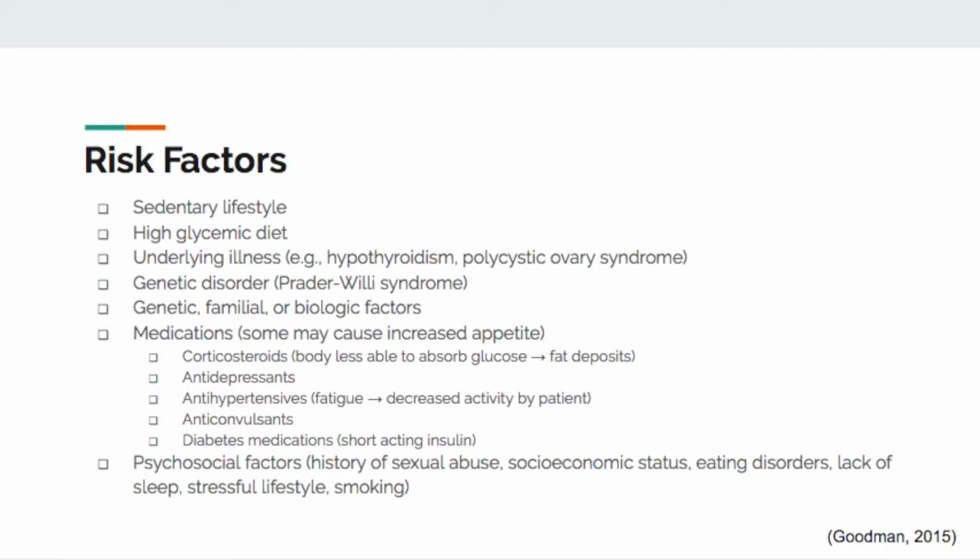Antihypertensives fatigue you, so if you're feeling tired a lot, you're not going to want to participate in physical activity. Psychosocial factors are also important, because anything like sexual abuse or socioeconomic status that can lead to mental issues can also cause lifestyle choices that lead to obesity.